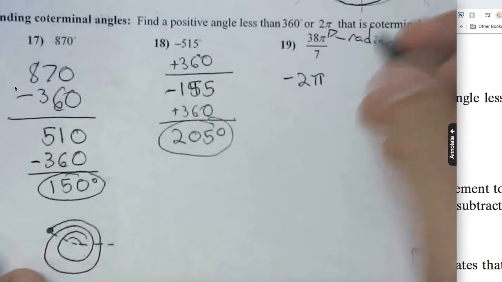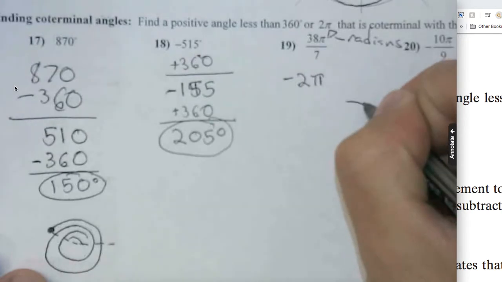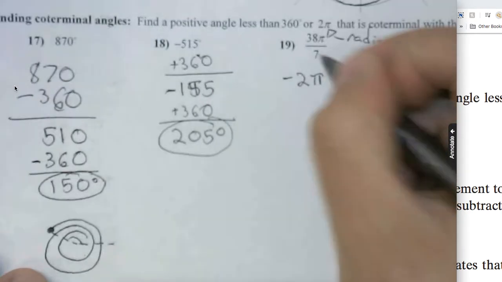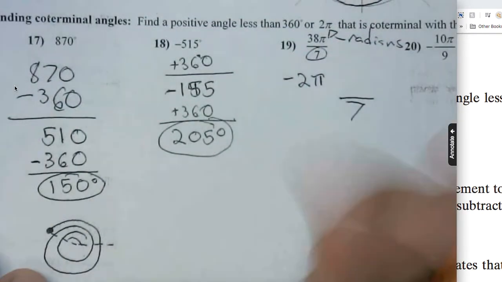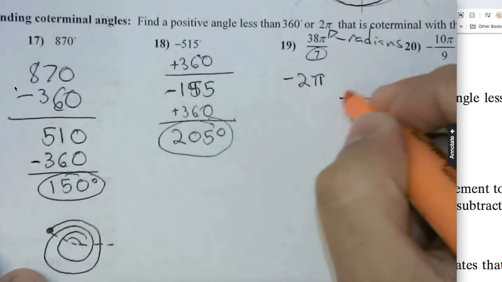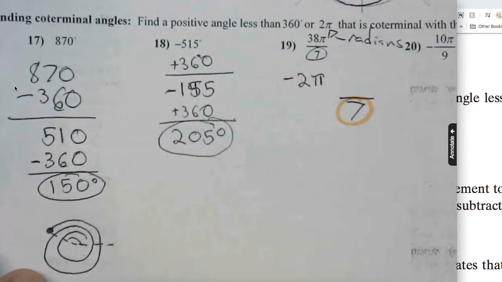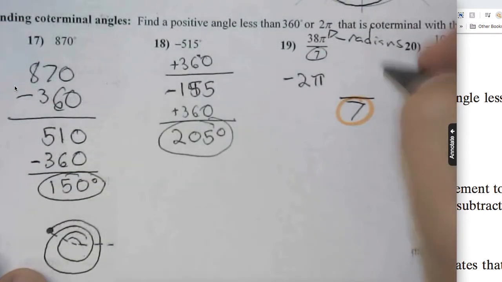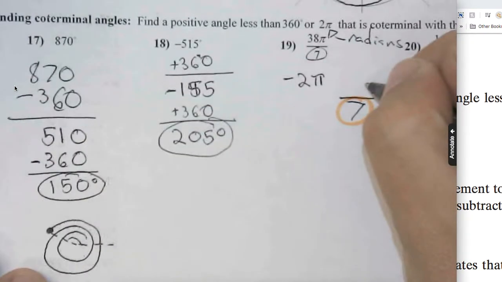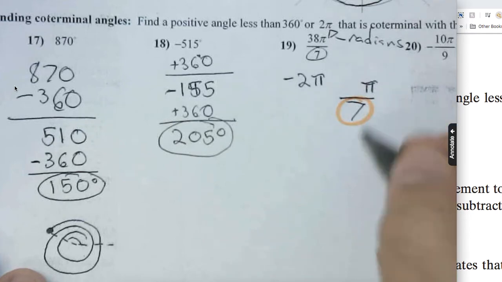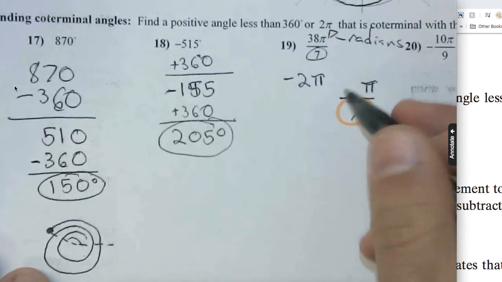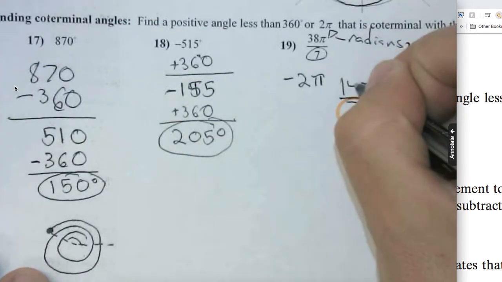So how this works for me, I take the denominator, which is still 7. Nothing's going to change there. And then I also throw in the terms of pi, because we need that. And I just think of the denominator, multiply it by 2, and that would be 14. So there we go. Boom.